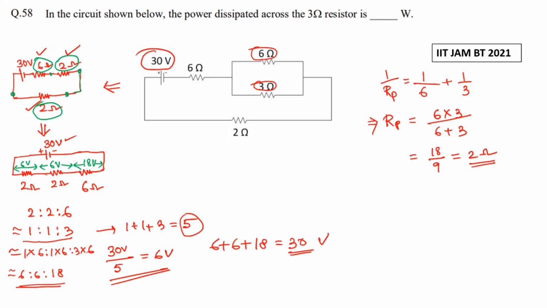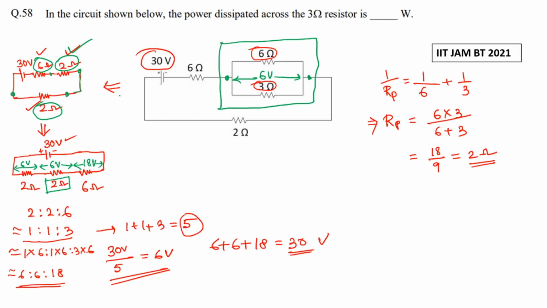So now this 2 ohm resistor, what was this 2 ohm resistor? This one, that is this parallel circuit of 6 ohm and 3 ohm. So across this 6 ohm and 3 ohm, the voltage difference is 6 volt. The voltage difference between the two ends of the two resistors, 6 ohm and 3 ohm, is 6 volt.